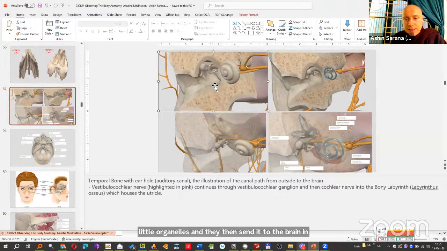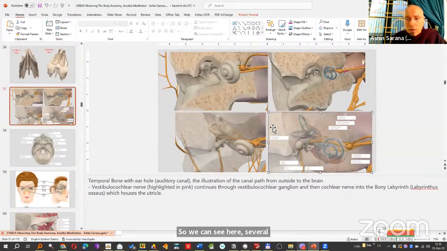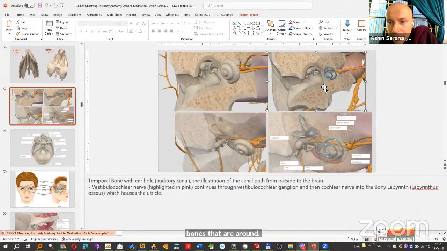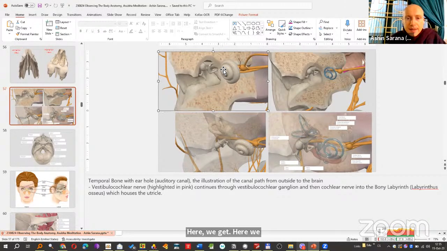So we can see here several ways to look at that. Probably the best way is here at the bottom right corner. What we see here is the way from out into in, with faded portions of the bone. So you can see the hearing system together with the bones that are around. Here we get again the path. What I want to show you is this cochlea, and the vestibulocochlear nerve highlighted in pink.